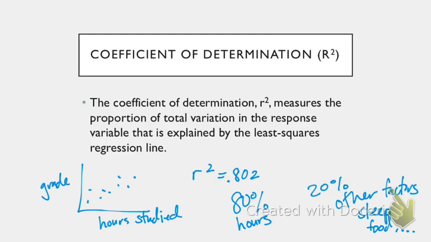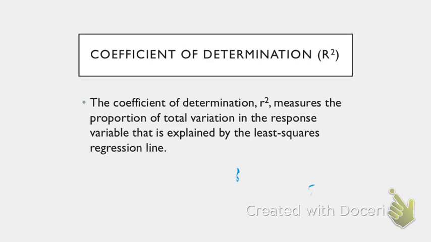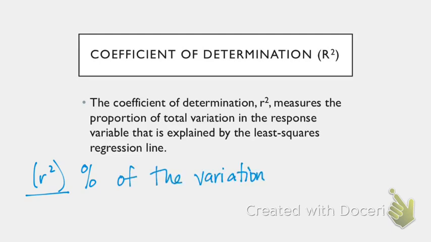But when you're interpreting it on a test or a quiz, here is what you're going to write down. I'm going to create a little script for you, and all you have to do is memorize it. So, blank percent, which will be your r squared, percent of the variation in y, which will be context.